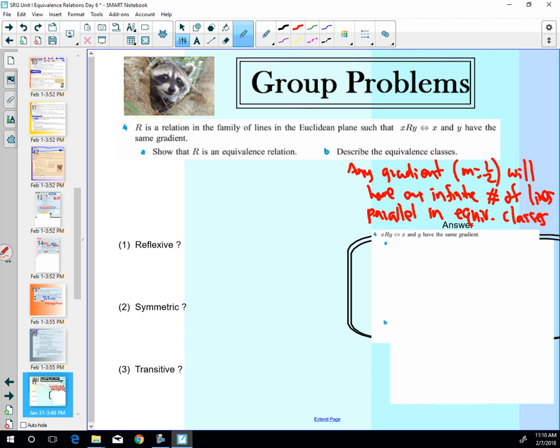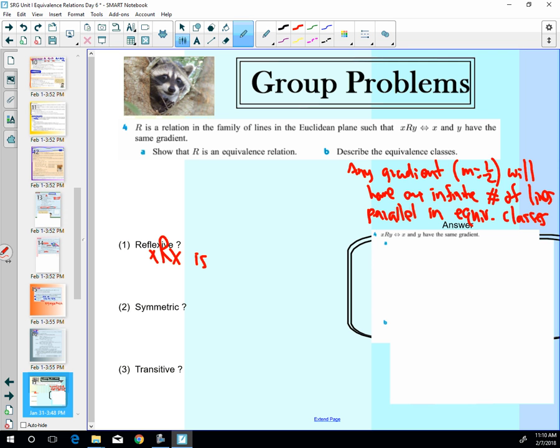How do we do with the reflexive? Let's go through that first. Is a line with a slope of 1/2, does it have itself a slope of 1/2? Do we really have to write that? Yeah, I guess so.